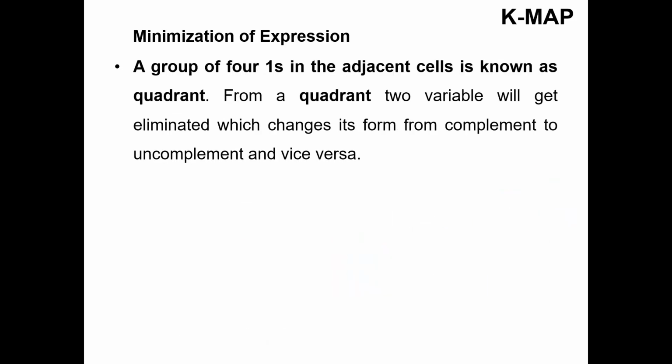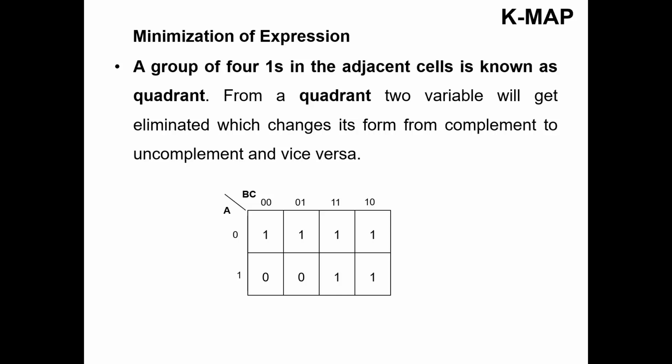A group of 4 ones in adjacent cells is known as a quad. From a quad, two variables will get eliminated, those which change from complement to uncomplement and vice versa. Again, we have a K-map. In this K-map, we have formed one group.